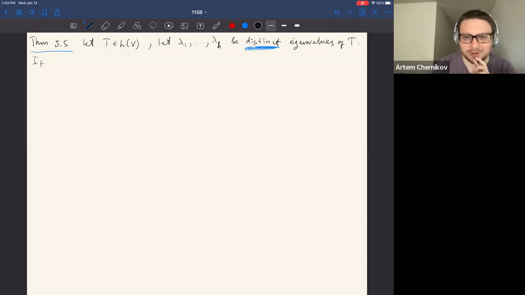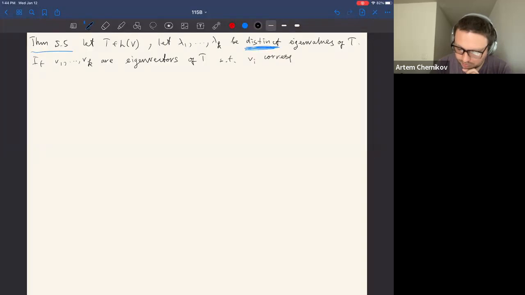Without this requirement, the conclusion I'm going to state is not true. If v_1 through v_k are eigenvectors of T such that the vector v_i corresponds to the eigenvalue lambda_i, then the set of all these vectors, v_1 through v_k, is linearly independent.